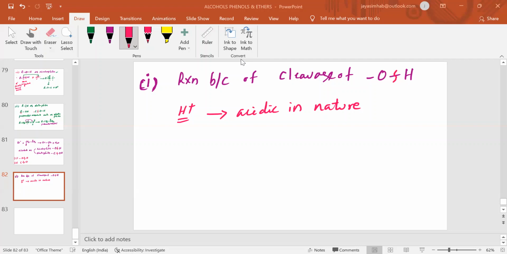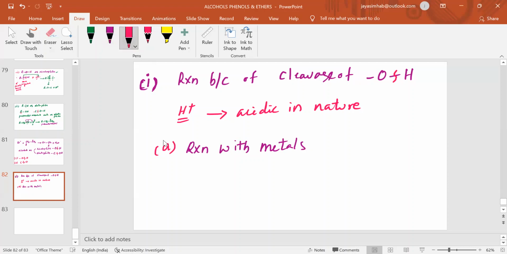One, I can write like this, A: reaction with metals. So what metals? Alkali metals and alkaline earth metals, and even aluminum group metals. So it proves that they are acidic in nature.